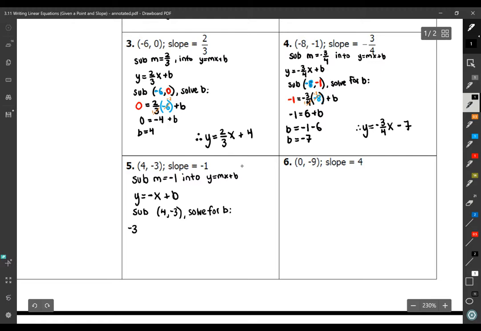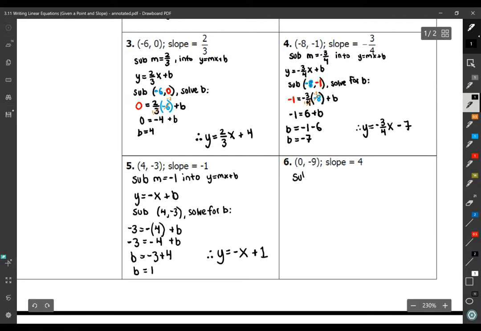Okay? So negative 3 is my y. 4 is my x. Okay? And then, so that becomes negative 3. This is just negative 4 plus b. And then finally, b is equal to negative 3 plus 4, which is 1. So the equation is y is equal to negative x plus 1.